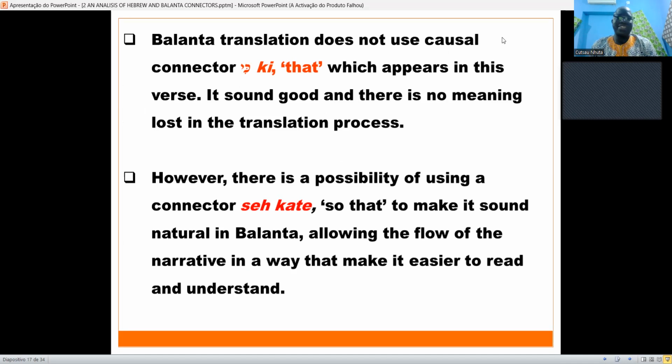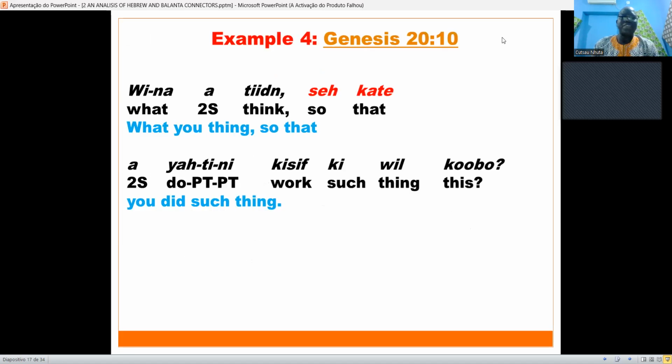However, there is a possibility of using the connector sekate to make it sound natural in Balanta, allowing the flow of the narrative in a way that makes it easier to read and understand. For example, it could have been, Wina hatid sekate ayat nekasif kumwelko. What you think so that you did such a thing.